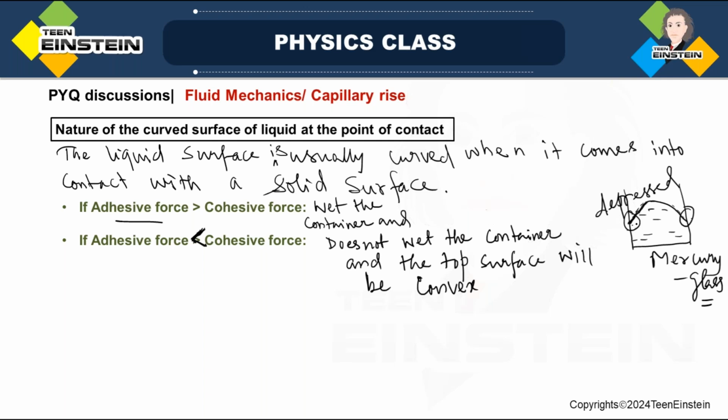This is why mercury is used in the barometer, right? Torricelli's barometer, because of this cohesive force among the mercury molecules, which is much stronger than the adhesive force.